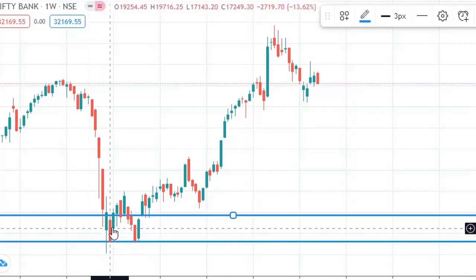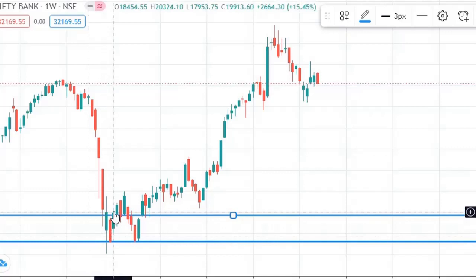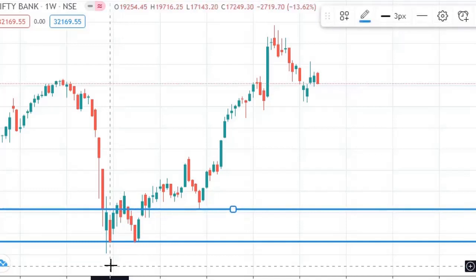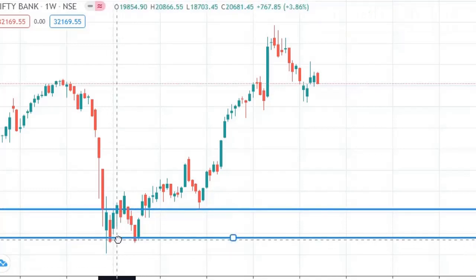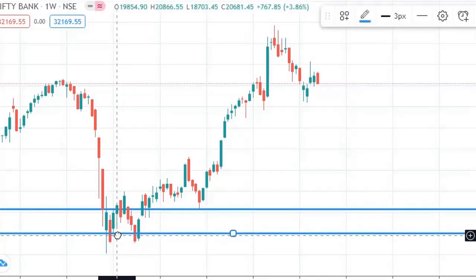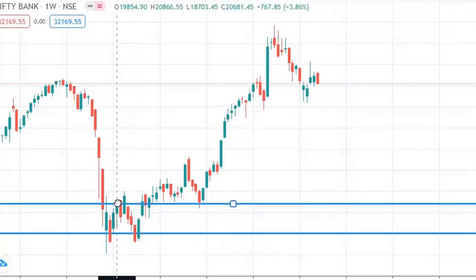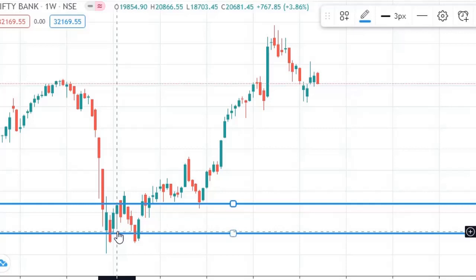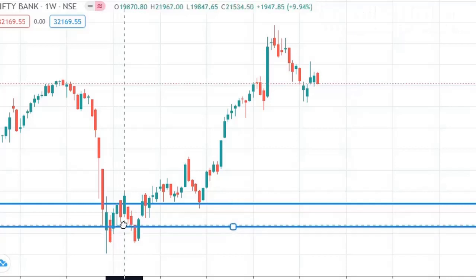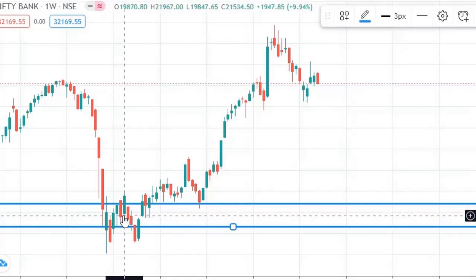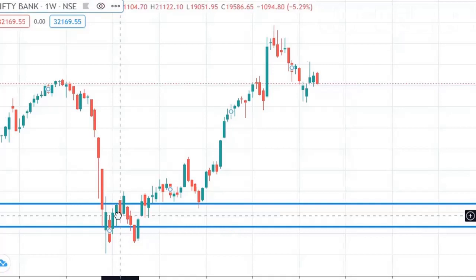The next candle closes above it, right? So we are going to mark the high and low of this green candle. After that you can see another green candle closes above it. This is a weekly chart, alright, so we are marking highs and lows. Now this red candle closes inside this, so we are going to ignore that candle, and our bias was positive.